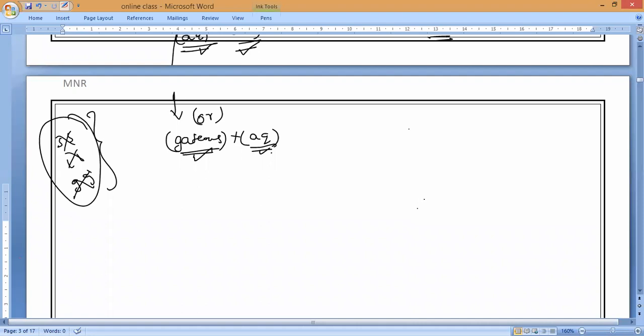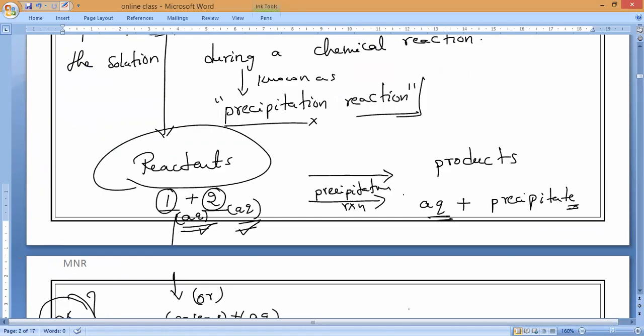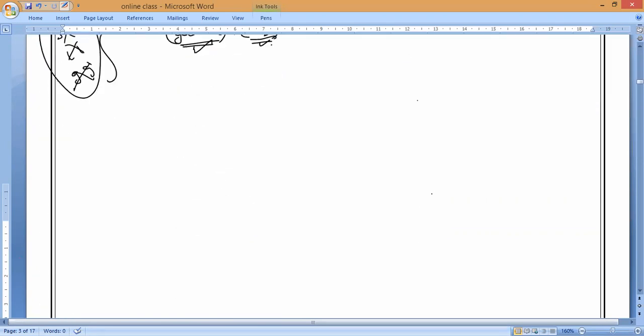The colors are very, very important, because in class 10th chemistry, first chapter, 90% they will ask you change in colors only. So we must have a clear idea of when a precipitation reaction takes place. Immediately your mind should say either both reactants should be in aqueous state, or at least one must be aqueous and another one must be gaseous.